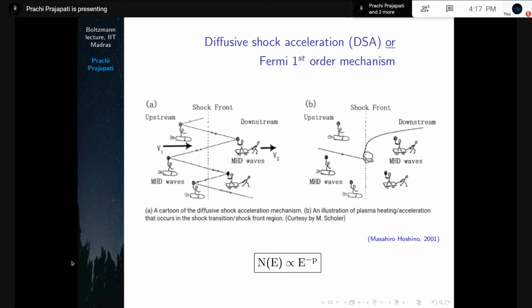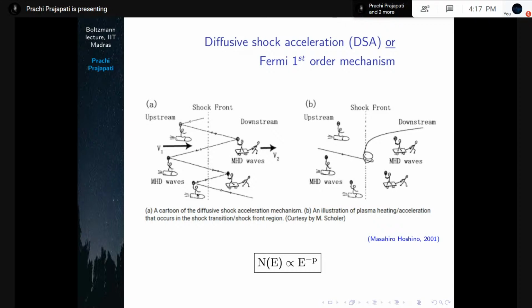So let me briefly explain the overall scenario. Here in figure A, we can see a shock front, which is a hydrodynamical shock. You have local magnetic fields present everywhere in our own galaxy or even in the universe, so there is some kind of local magnetic field and the shock front.